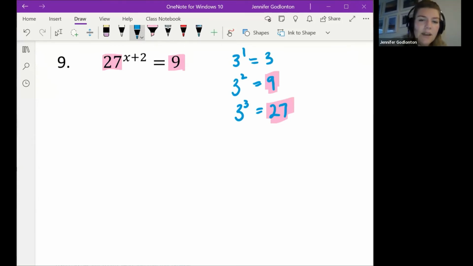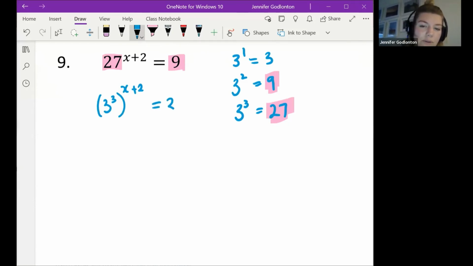So instead of writing 27, I'm going to write 3 to the power of 3, but I'm going to keep it in brackets, and that's to the power of x plus 2, and that's equal to 3 to the power of 2. That's our first step, and you get a mark for getting them to the same base.